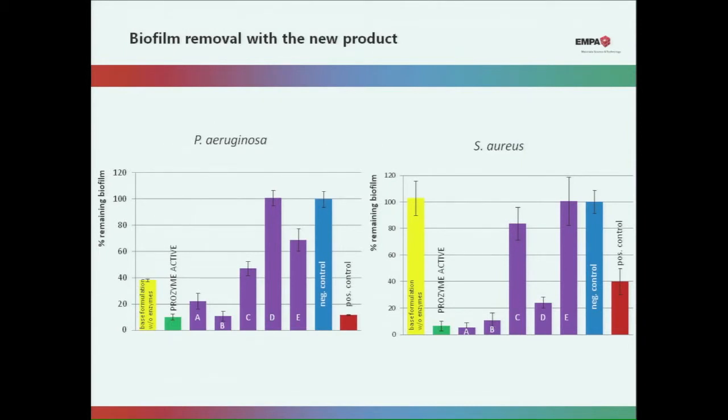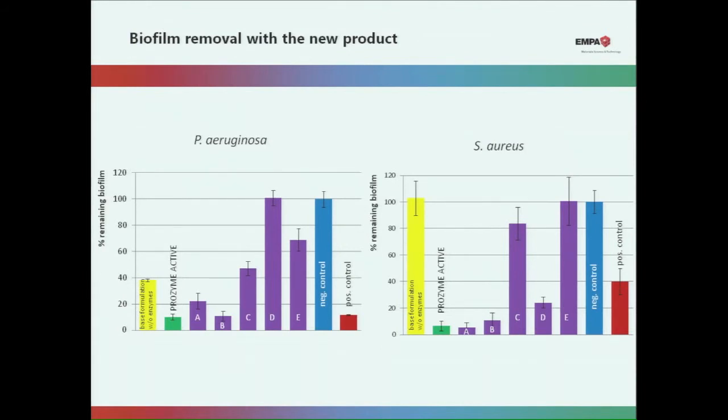And this green line is what we developed for the company. And here you can see another type of biofilm, very commonly found in the endoscope, Staphylococcus aureus. We also did similar tests. Here you can see with the newly developed product, we can reduce the biofilm dramatically. Afterwards, only around 10%, even 5%, is left.